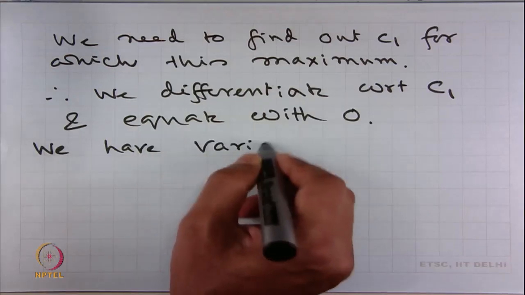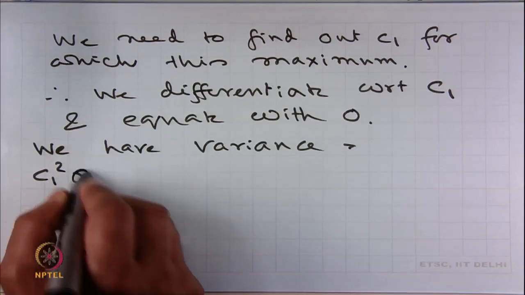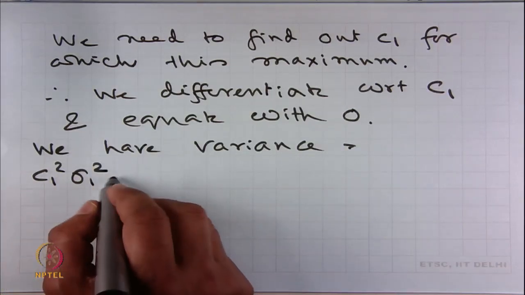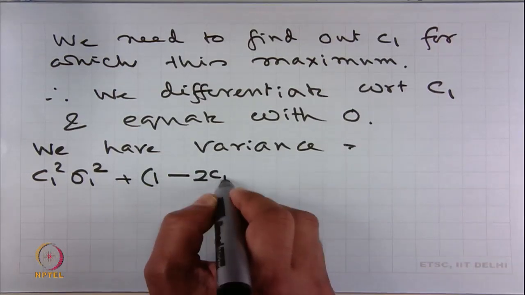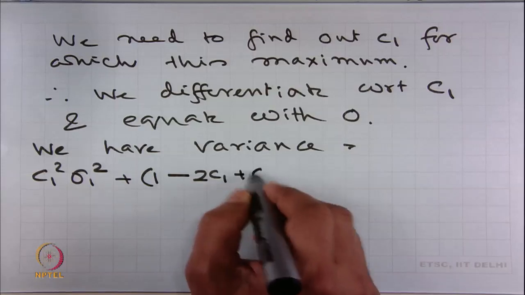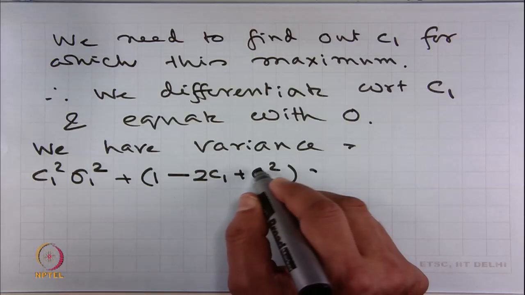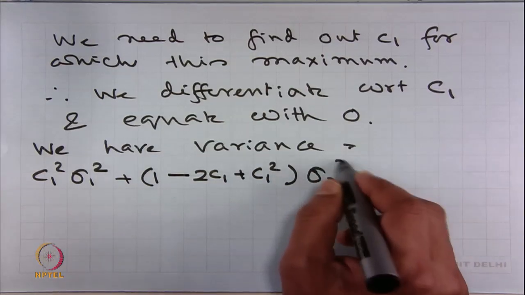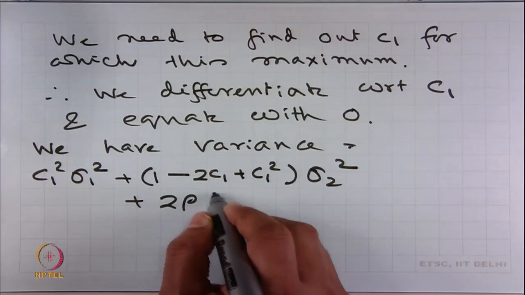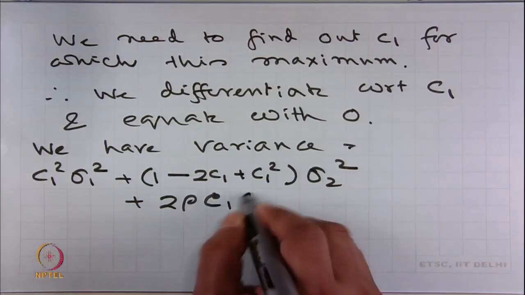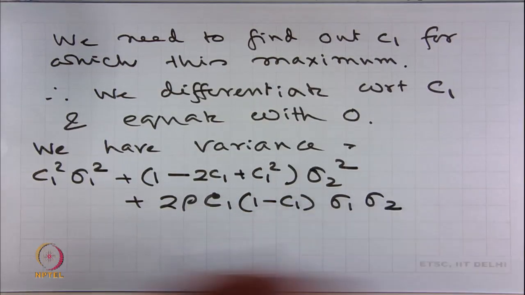We have variance is equal to C1 squared sigma 1 squared plus 1 minus 2 C1 plus C1 squared into sigma 2 squared plus 2 rho C1 into 1 minus C1 into sigma 1 sigma 2.